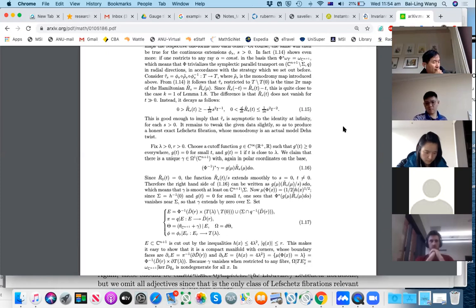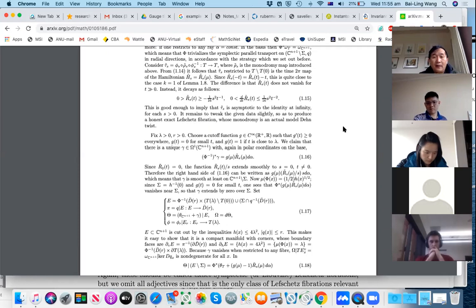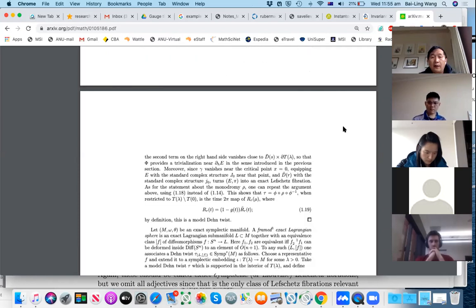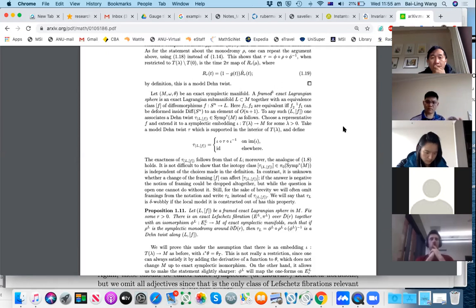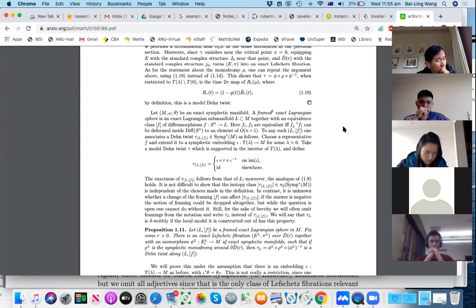It's a different symplectomorphism. Maybe this symplectomorphism, the parallel transport, is defined by a vector field, the horizontal vector field.